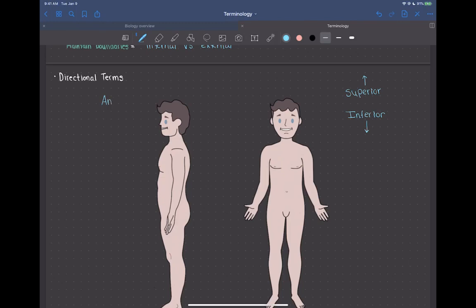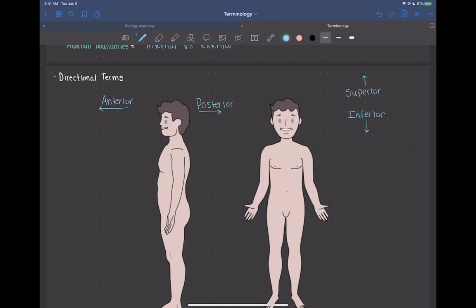All right, anterior and posterior. Okay, so anterior just means towards the front, right? Posterior means towards the back. And there are additional words that mean the same thing.